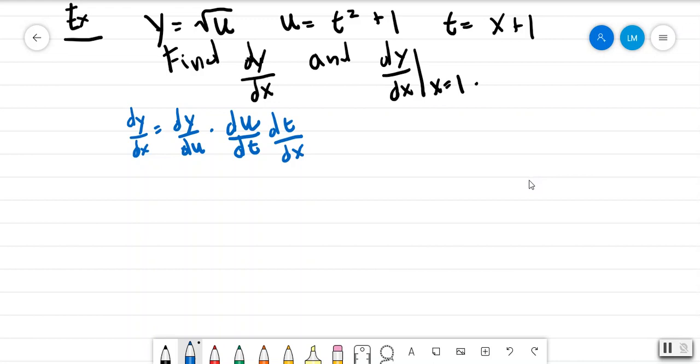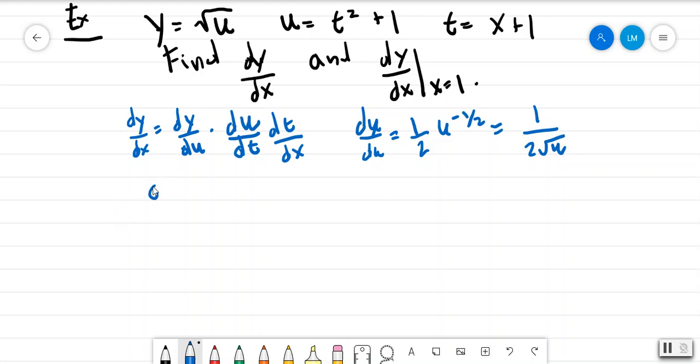Note that you have multiple derivatives to find in this case. For example, dy/du: if we use that this is u to the 1/2, that's going to be 1/2 u to the negative 1/2, which is equal to 1 divided by 2 times the square root of u.